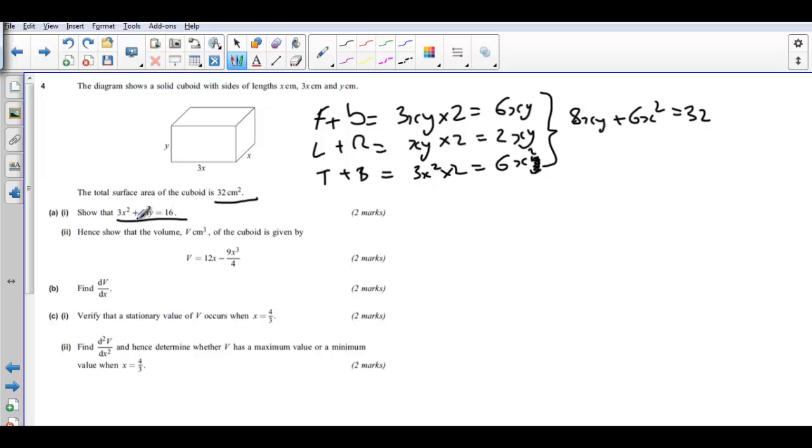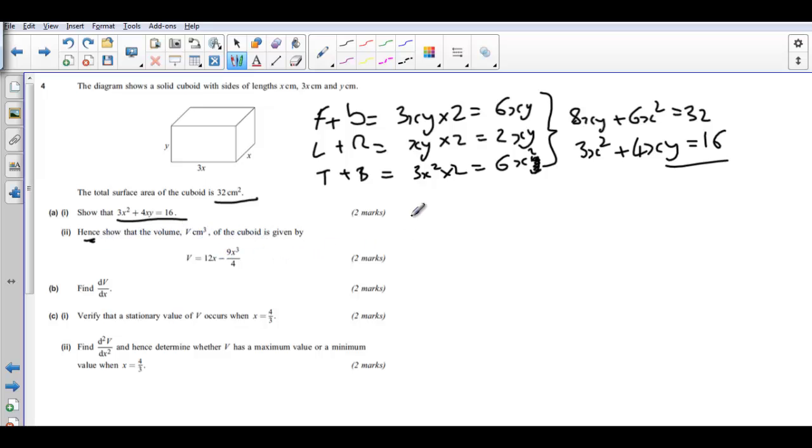Looks a bit similar. X squareds go first, then the xy's, and I can see everything's been halved. Halving everything and putting the x squareds first gives us 3x squared plus 4xy equals 16. Job done there.